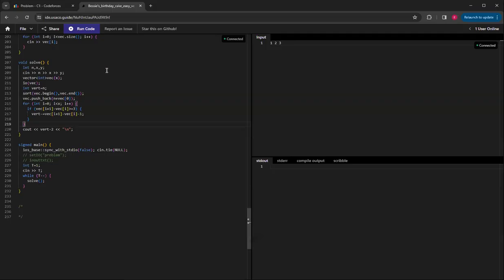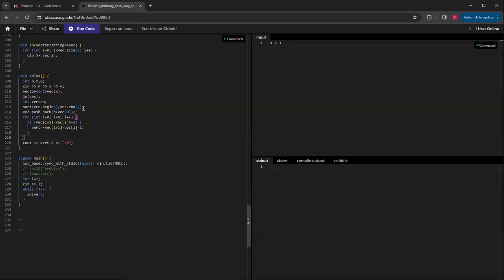Then basically how you do this problem is you get the input in, and you start off with the number of vertices.